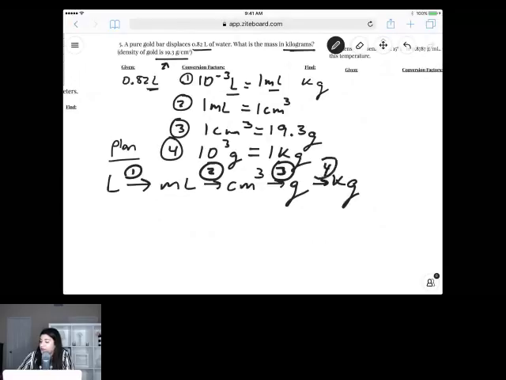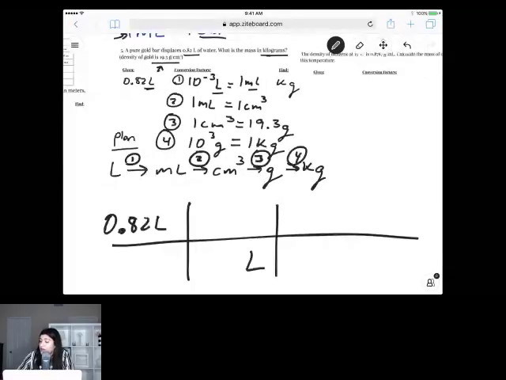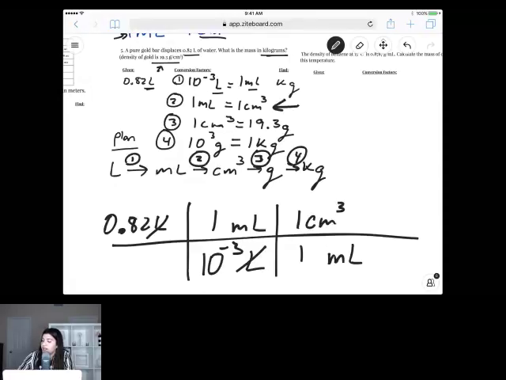Now I want to cancel out liters, so that goes on the bottom to milliliters, and I'm going to actually write in what we have. So our first conversion factor was 10 to the negative third liters on the bottom per every 1 milliliter. I then cancel out the liters, and we're at milliliters. Canceling out our milliliters, we'll do 1 milliliter per every 1 cubic centimeter, which was our second conversion factor.